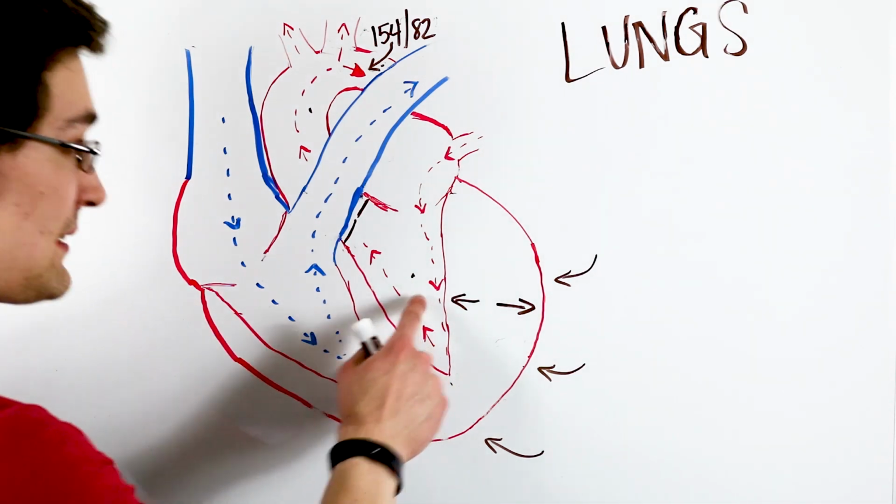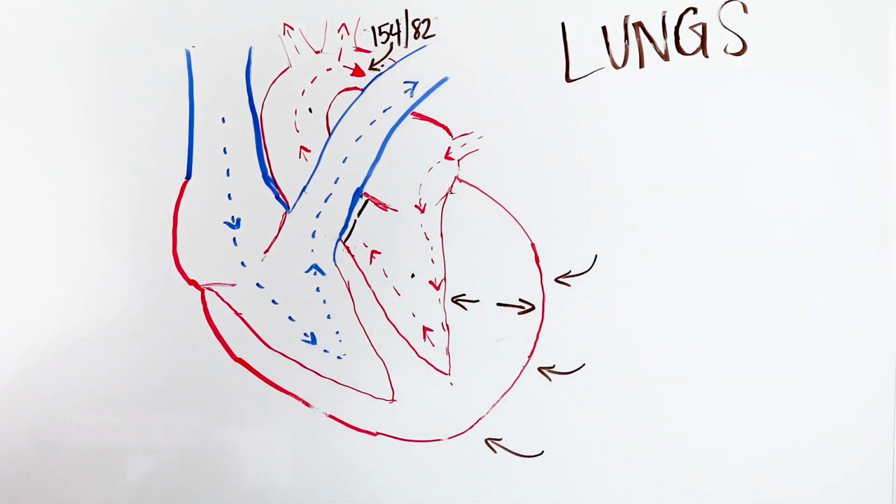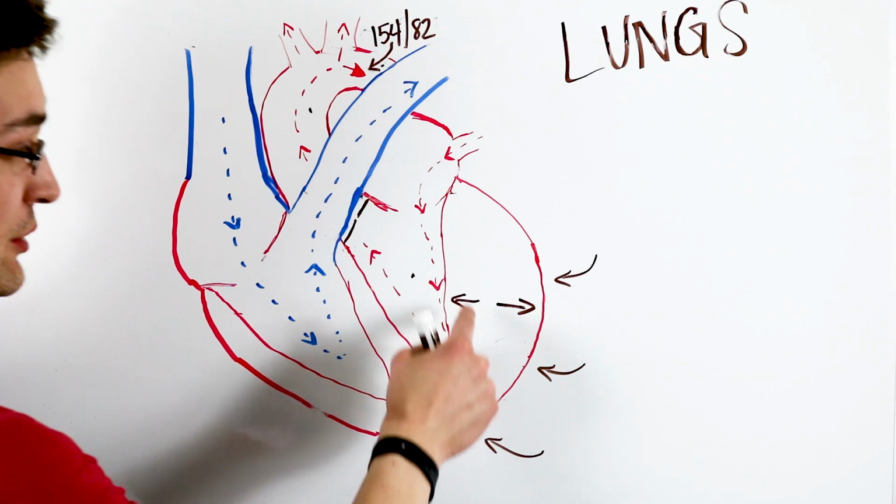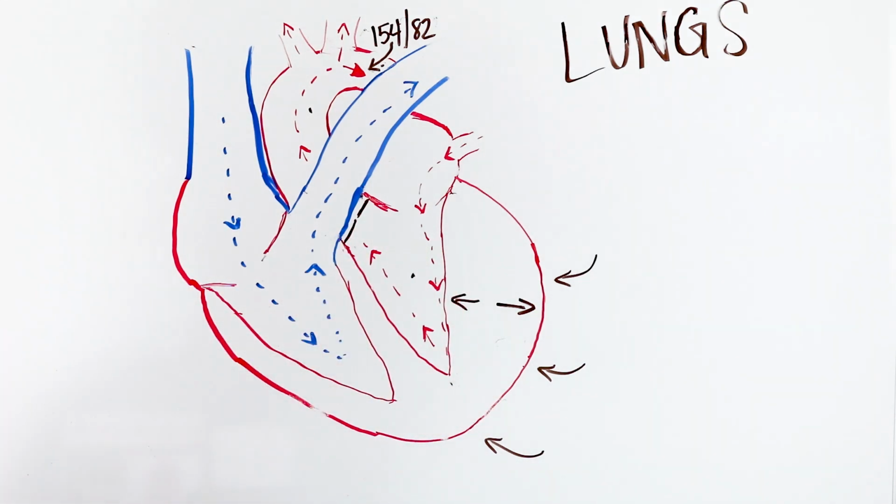And if you're ejecting less and less blood, your heart is getting more and more cues from the rest of your body: hey, we are not getting enough blood. So it's going to push harder and harder. It's going to beat faster. It's going to beat as powerfully as it possibly can.